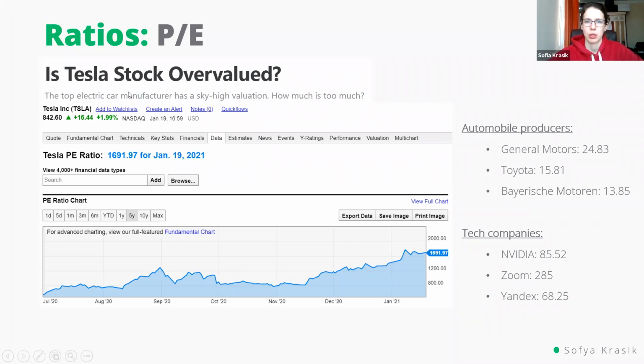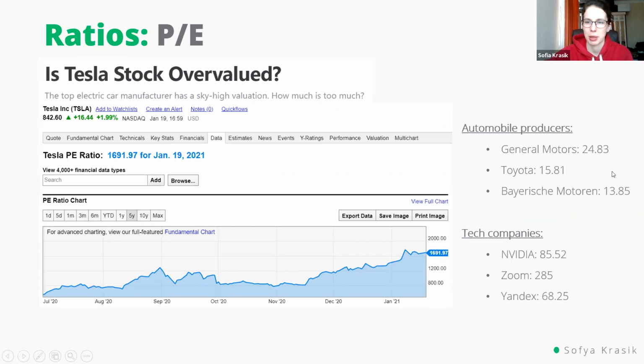They have technologies. They're different from the classical automobile producers. But if we compare them with tech companies, you see price to earnings ratios are higher than for automobile producers, but still they cannot be compared with Tesla's price to earnings ratio. So what else to say here? Also, you could pay attention that for different sectors, ratio levels can be different.